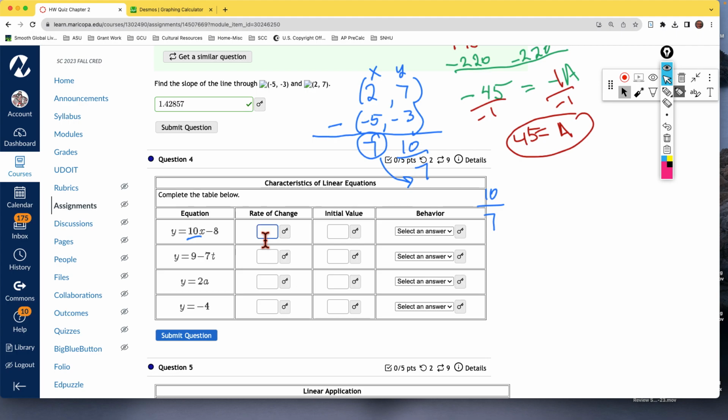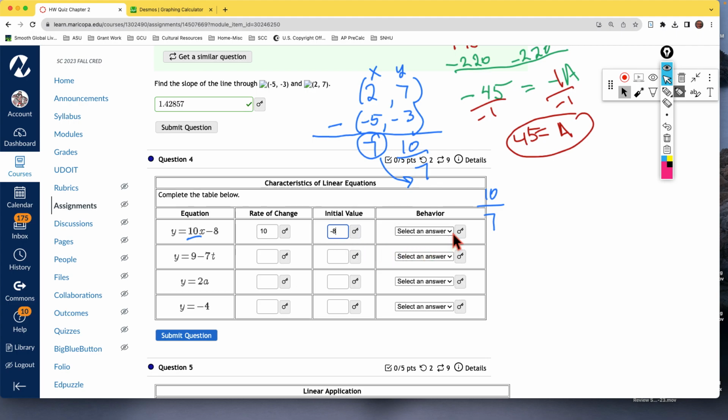So that goes in under rate of change. Initial value, that's the -8, the one without the variable, and that's the starting value, the initial value.